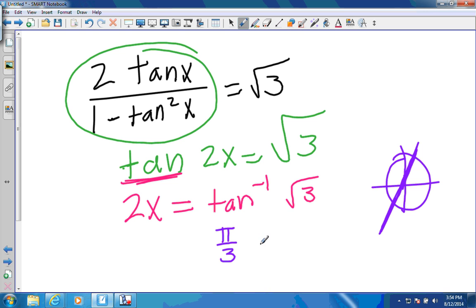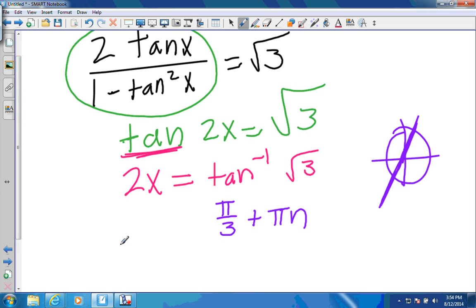So then you say plus pi n. The last thing you have to do is divide by 2.